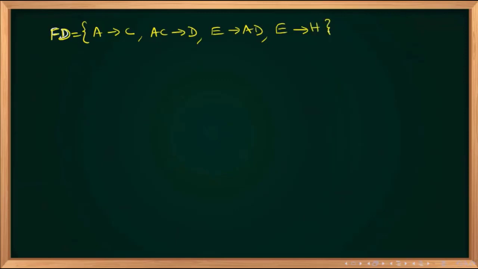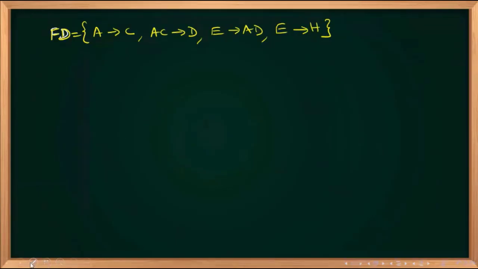First question, write the functional dependency set: A to C, AC to D, E to AD, and E to H. Find the minimal cover.